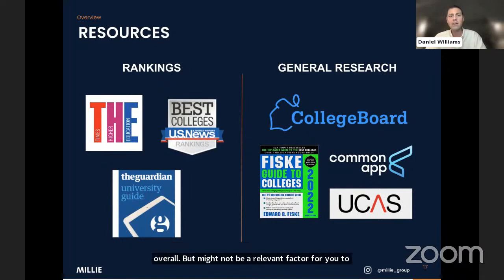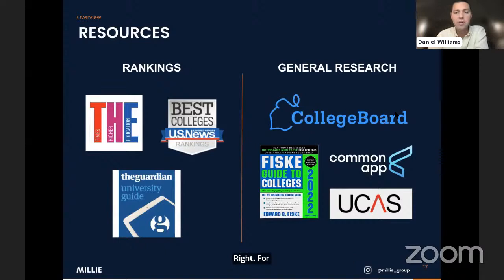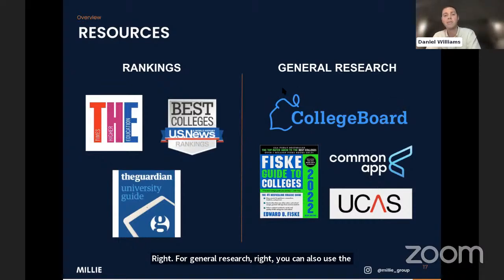For general research, you can also use the College Board's website, which is the location we talked about for how to register for the SAT. You can use the Fiske Guide to Colleges, which gives detailed information on each university, their strengths, what they have on campus, the various clubs and organizations, what they're known for.